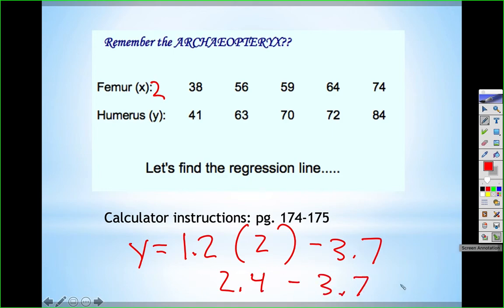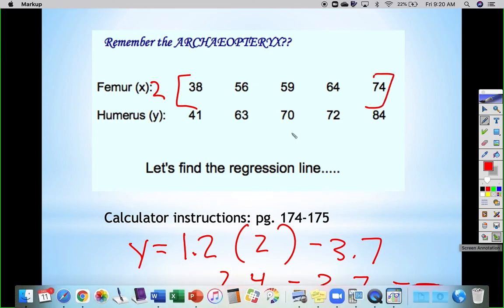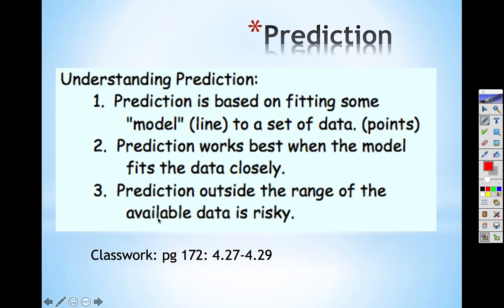What would that be? It would be a negative number. See how my prediction line wasn't useful for 2, because there's no way someone could have a negative humerus length. So keep it in the range, meaning don't go much lower than 38, don't go much higher than 74, and your prediction line will be perfect.